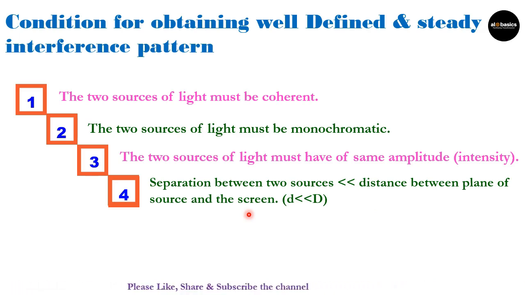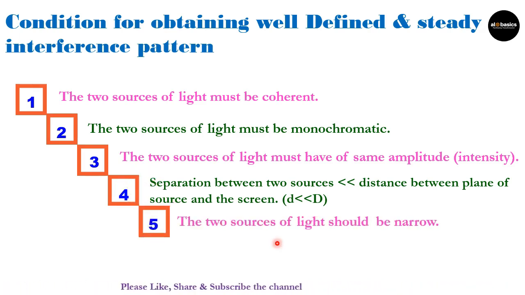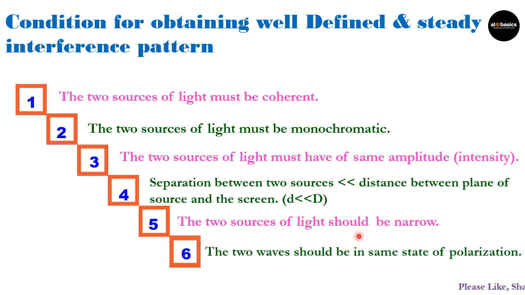In Young's double slit experiment, we came across the two terms small d and capital D, and this is for those two terms, that is small d and capital D. Next condition is that two slits or the two sources of light should be narrow, and the last condition here is that the two waves should be in same state of polarization. Now all these conditions we'll discuss in detail.